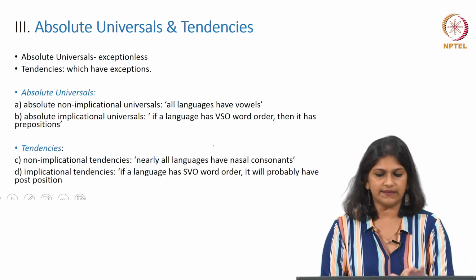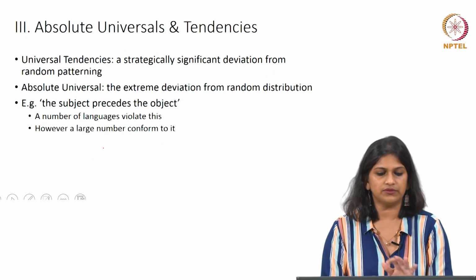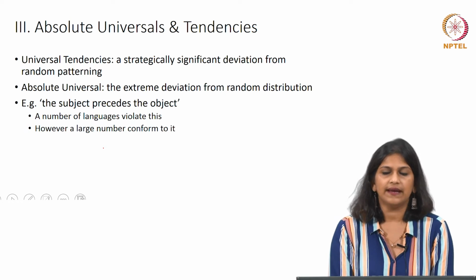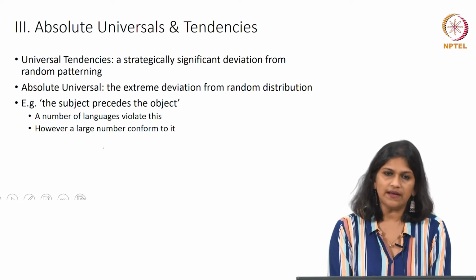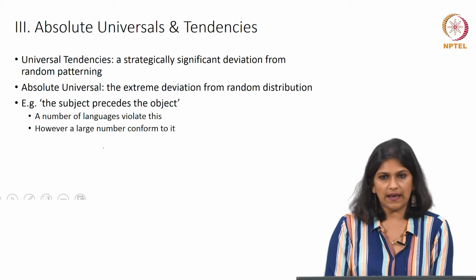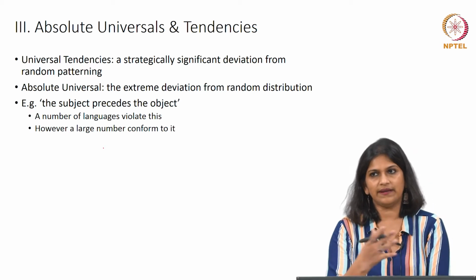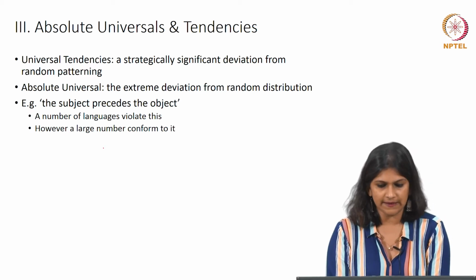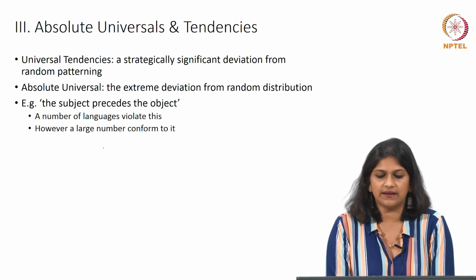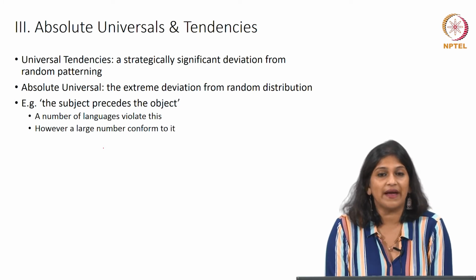Okay. Now, let us move to the absolute universals and their tendencies. So, what are the absolute universals? So, the absolute universals primarily have universal tendencies, and this is strategically significant deviation from the random patterning.